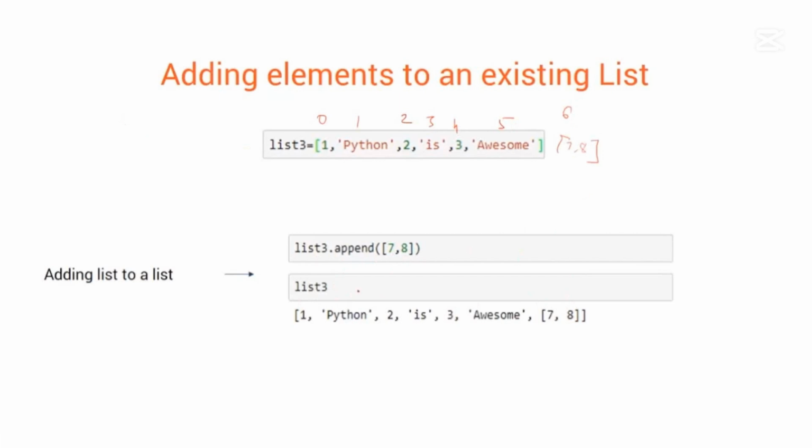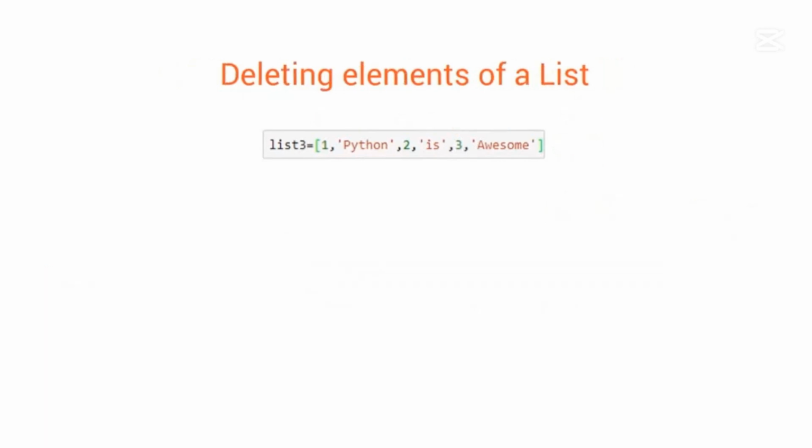So when you do list 3, 6, you're going to get a list as an output. So this was how you can add a list to a list, and we have covered how to add elements to an existing list. Now, what if you want to delete elements of a list?